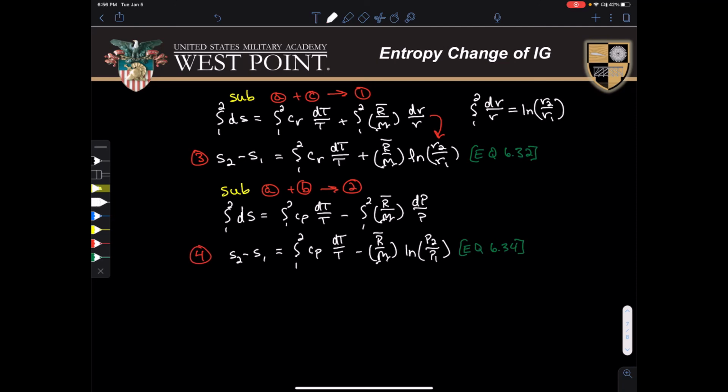All right, so again, we just went from substituting our equation A and C into equation 1 to get equation 6.32, and substituting equation A and B into equation 2 to get equation 6.34. So this will be our generic form of the equations that we'll use to calculate our entropy change of an ideal gas.